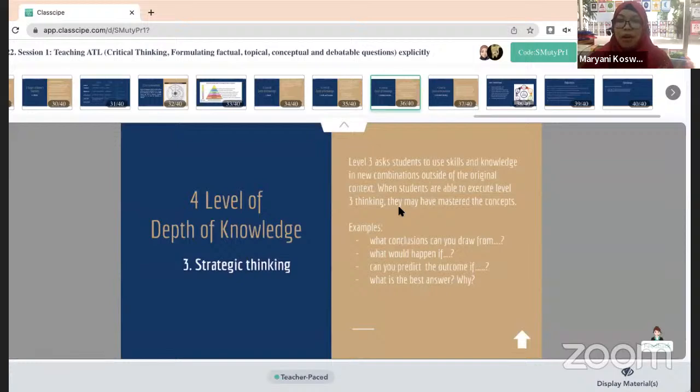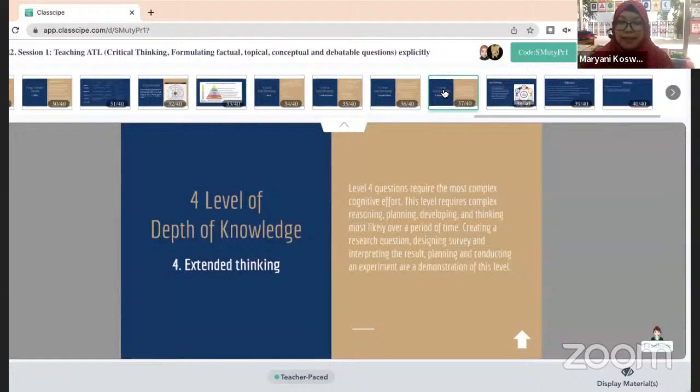And then later on, hopefully, we can also model for the students so they can produce their own questions by using different types of depth of knowledge levels. So the last level is extended thinking. I think same as in Bloom's taxonomy, this is the highest order thinking skill level.